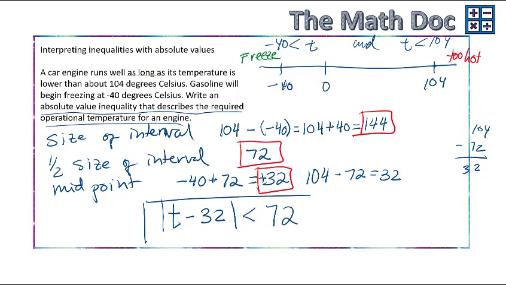So this is the result for the operational interval of a car engine. That is in degrees Celsius.